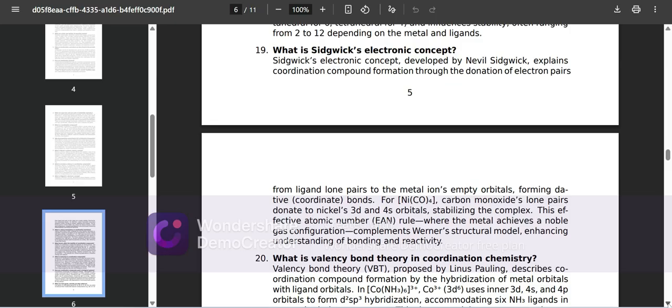For example, in Ni(CO)4, carbon monoxide lone pairs donate to nickel's 3d and 4s orbitals, stabilizing the complex. This is the effective atomic number, EAN, rule, where the metal achieves a noble gas configuration. It complements Werner's structural model, enhancing understanding of bonding and reactivity.